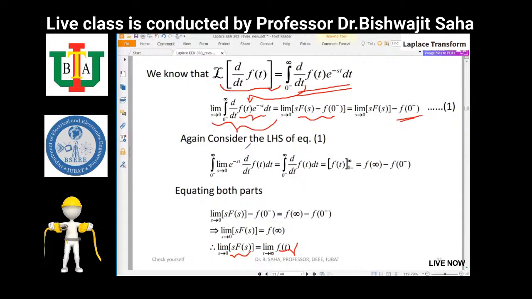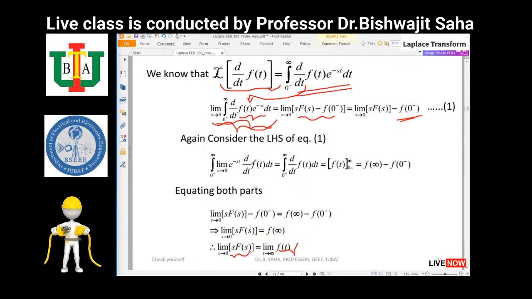Again, consider the left side part, that means this part, 0 minus to infinity. Now the limit is inside the integration. Previously, the limit was outside of the integration.